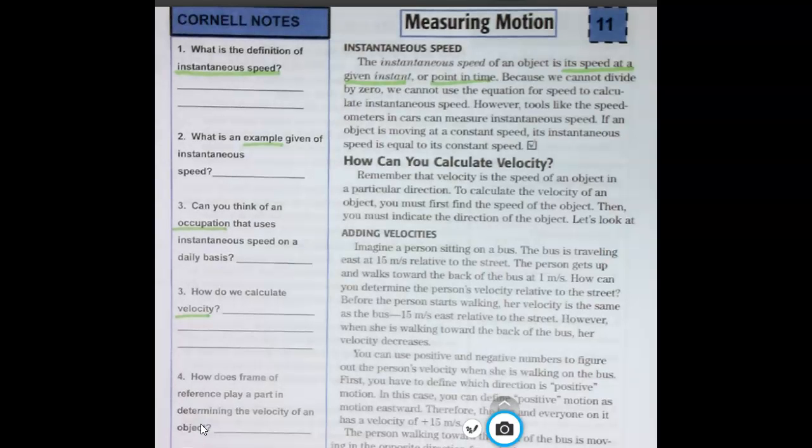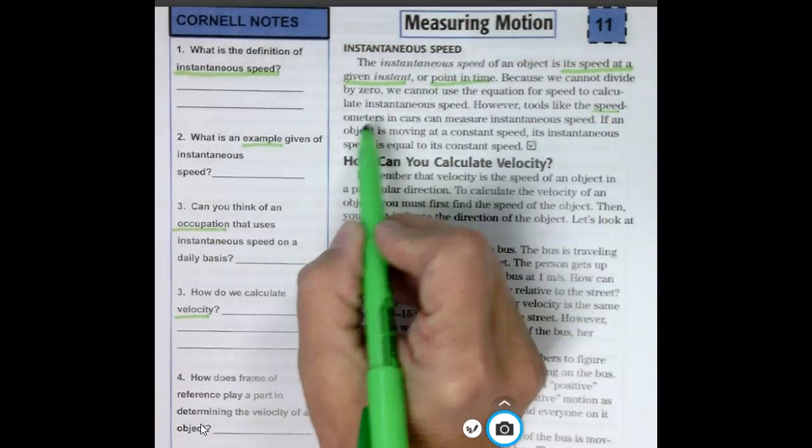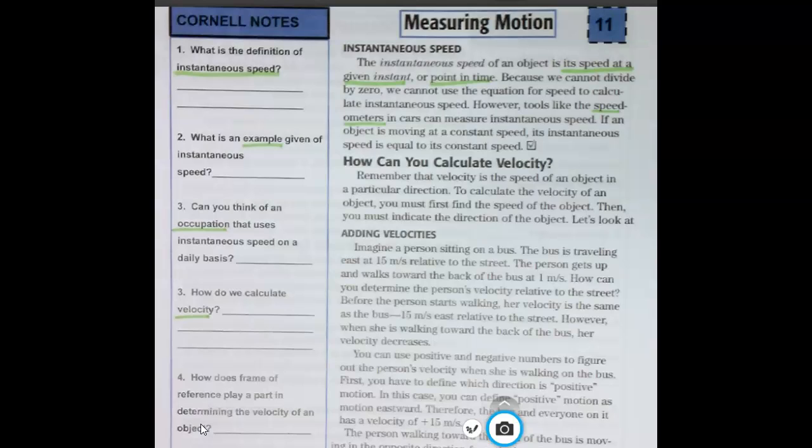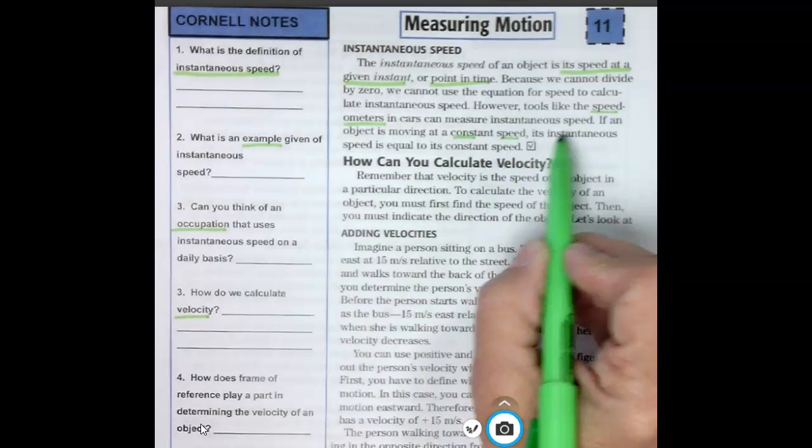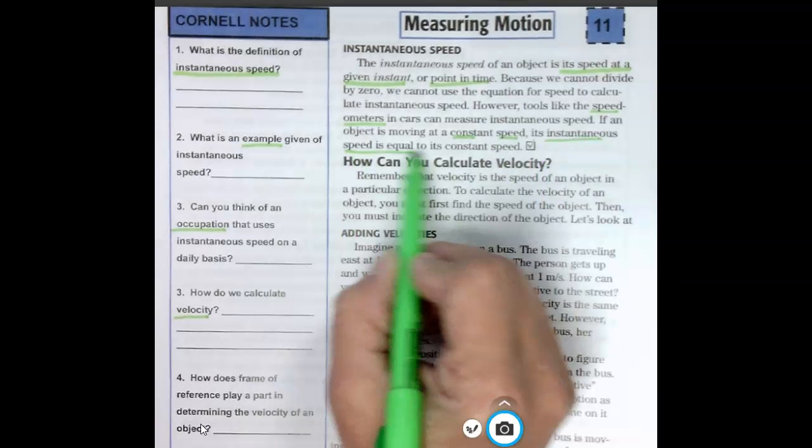However, there are tools like speedometers on the car that will measure instantaneous speed. And if an object is moving at a constant speed, then its instantaneous speed is equal to its constant speed.